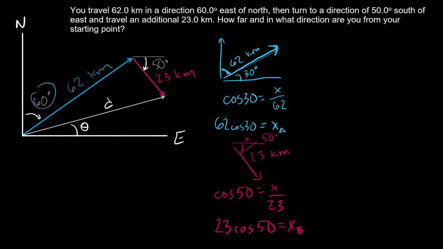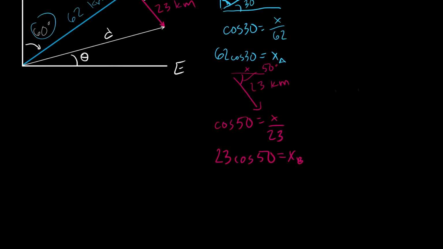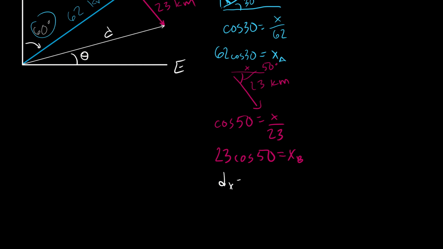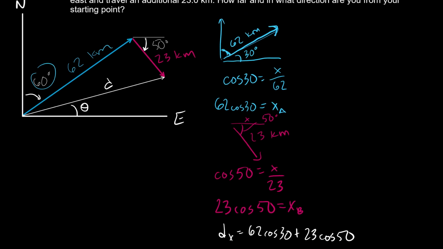Our x component of our displacement vector that we are trying to find is going to equal 62 cosine 30 plus 23 cosine 50. Okay, so we know our x component. Now let's take a look at finding our y component. Here we're opposite of that angle, so we're going to use sine.